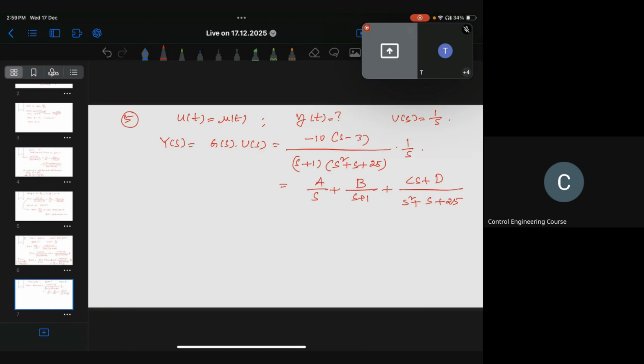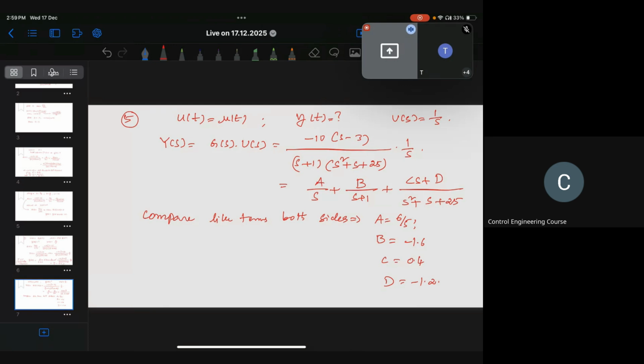You can do that exercise: compare like terms on both sides. If you do that, you will get A as 6 by 5, B as -1.6, C as 0.4, D as -1.2.